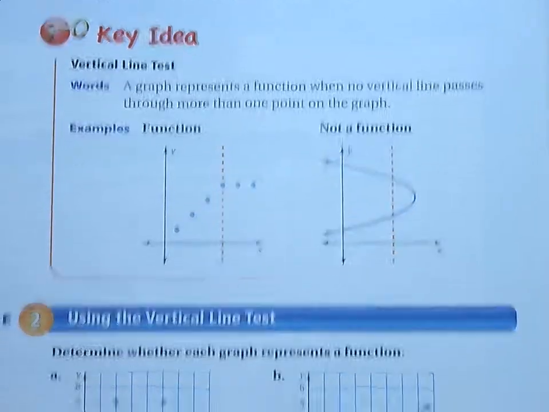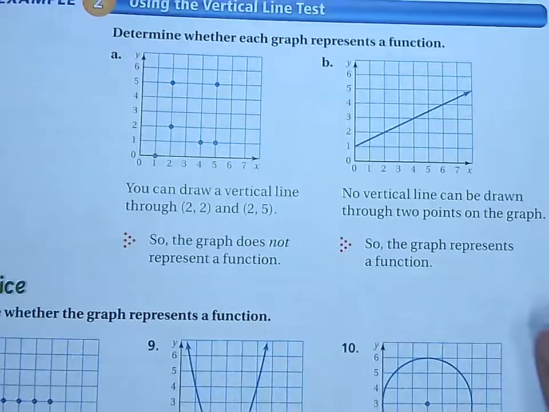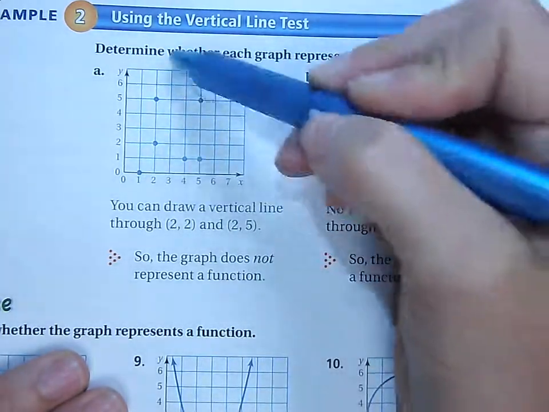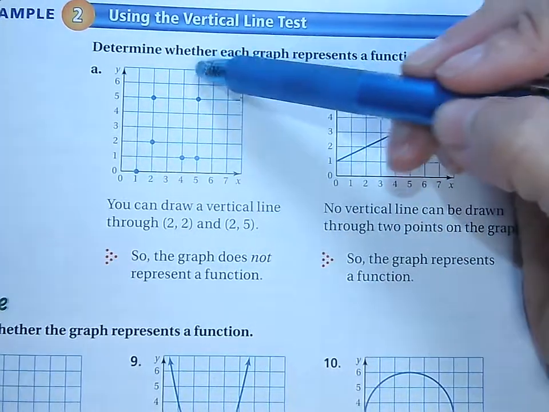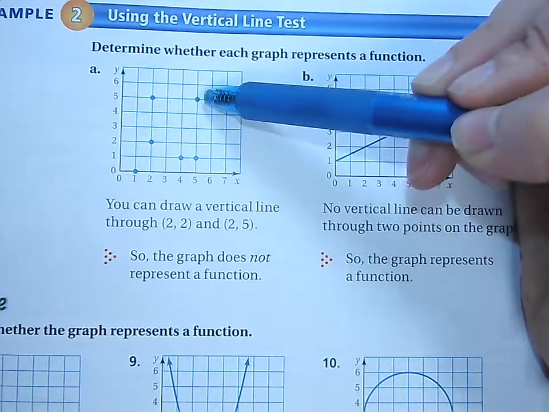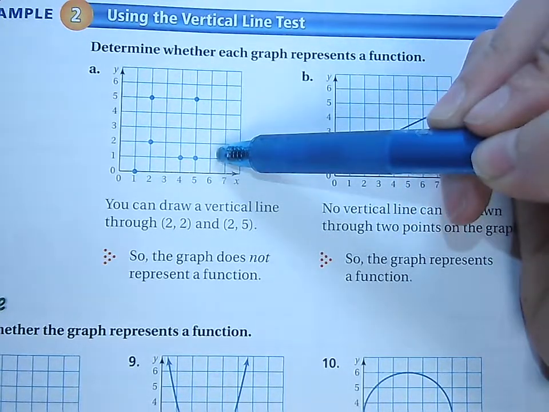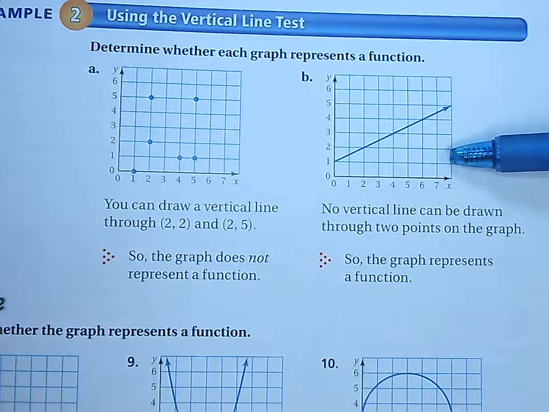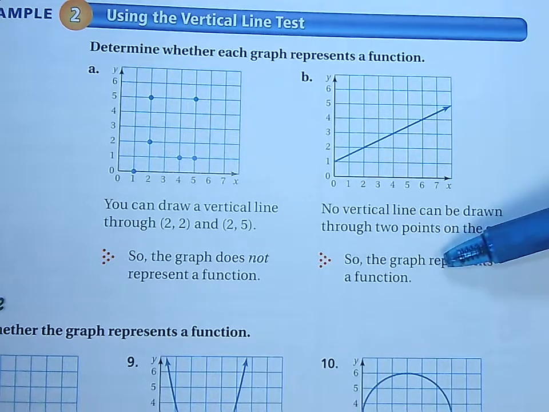So we're going to look at a couple of graphs, and we're going to use the vertical line test to determine whether it's a relation or a function. If I draw a vertical line anywhere, right here, this one would touch 2 points, here and here. So this is not a function. Here, if I draw any vertical line, it's only ever going to cross through one point. Therefore, this is a function.